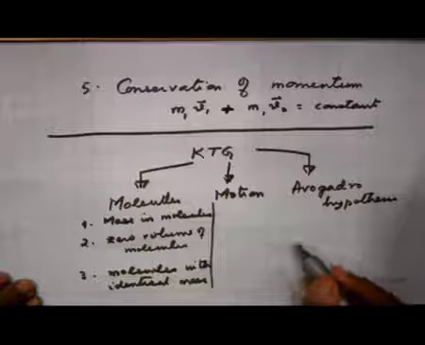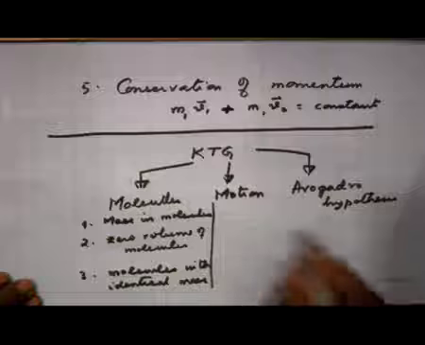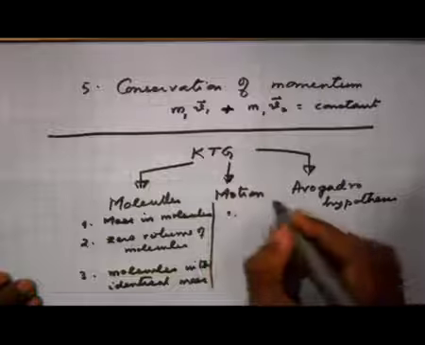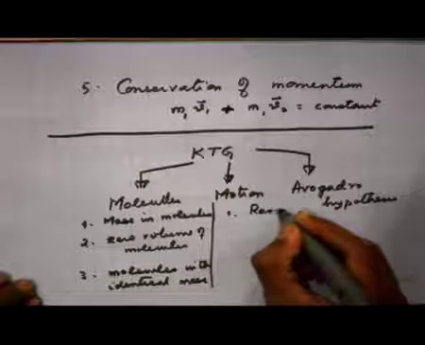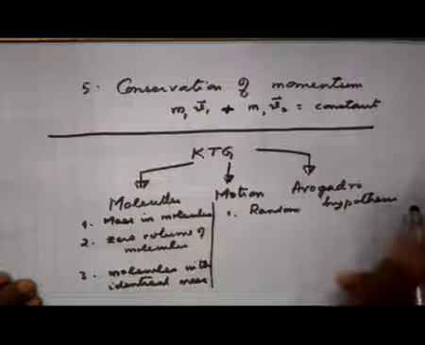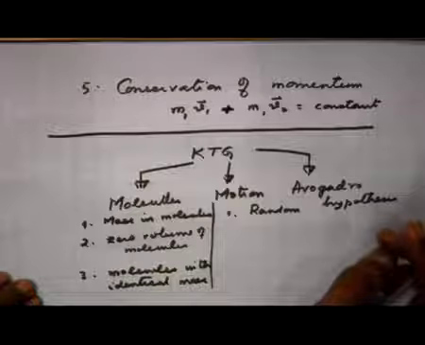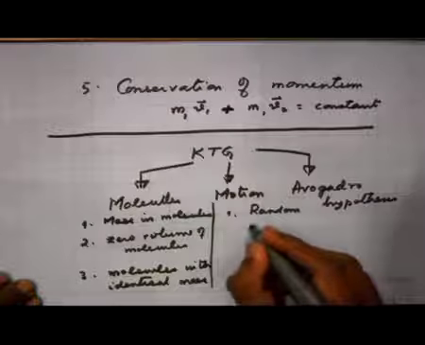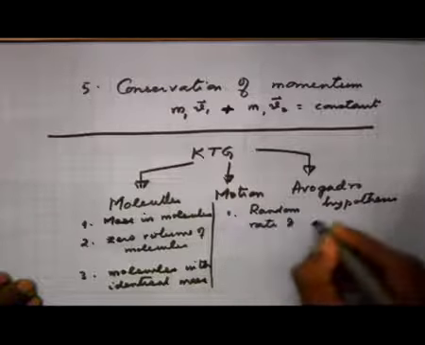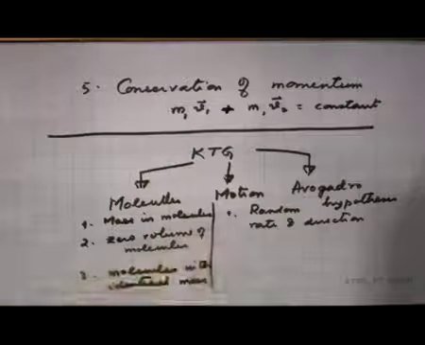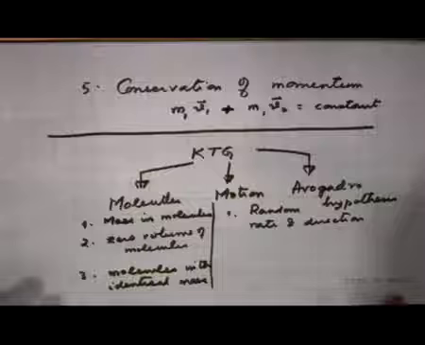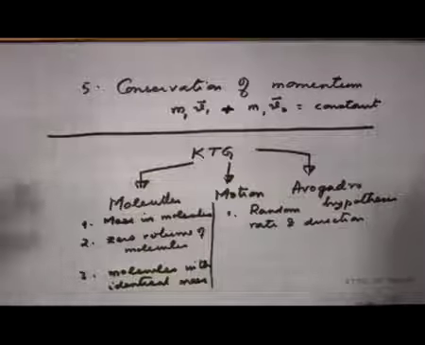And with regard to motion of the molecules, the first thing that we say is ceaseless random motion, both in rate and direction. That is, if you have a sample, different molecules have different velocities.